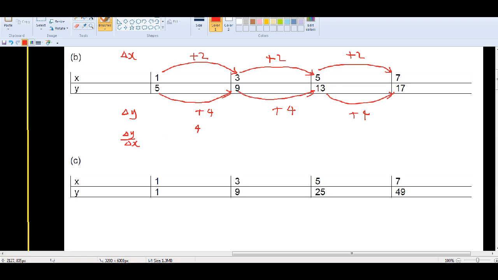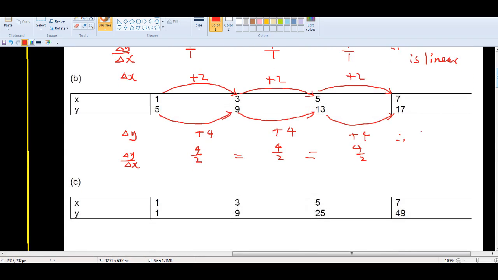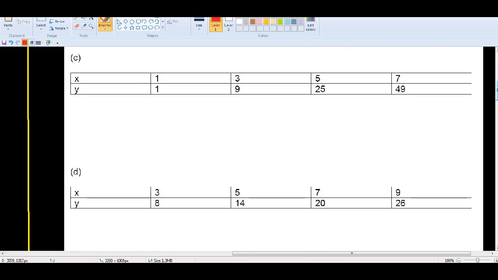So that's 4 for 2, 4 for 2, 4 for 2. Of course all delta y over delta x are equal. So the relation is linear. That will be the second one.